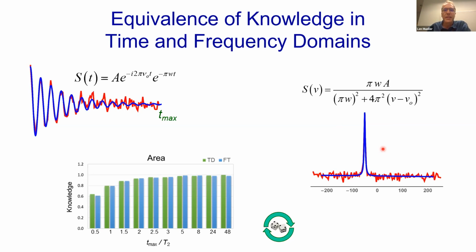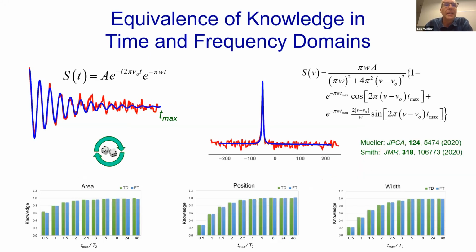So these errors are the same in both dimensions, provided that we actually use the correct formula in the frequency domain for the FT pair of a time truncated decaying exponential. And that equation is shown here. We solved for this in our JPCA article. And for those of you who are interested in this sort of thing, Colin Smith's group has recently worked out an even larger number of interesting line shapes under various apodization functions in his JMR 2020 paper.